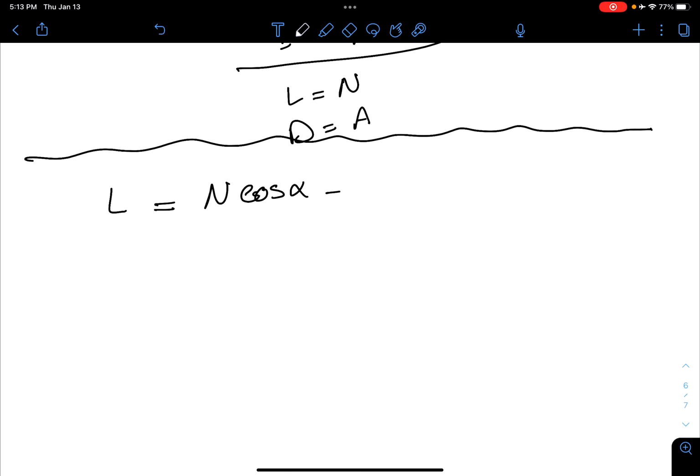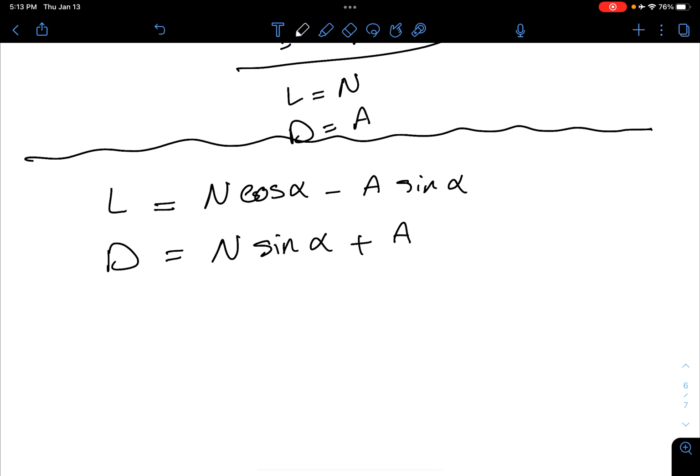Lift is going to be equal to N multiplied by cosine of angle of attack minus A multiplied by sine of angle of attack. And drag is going to be equal to N sine of alpha plus A cosine of alpha. Does this make sense?